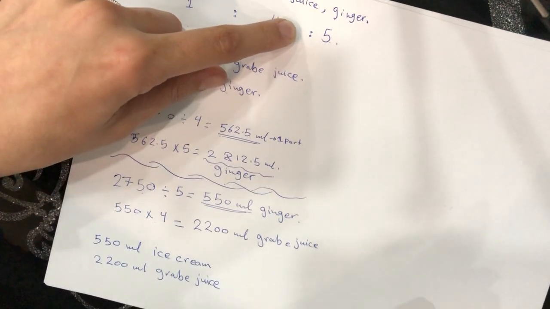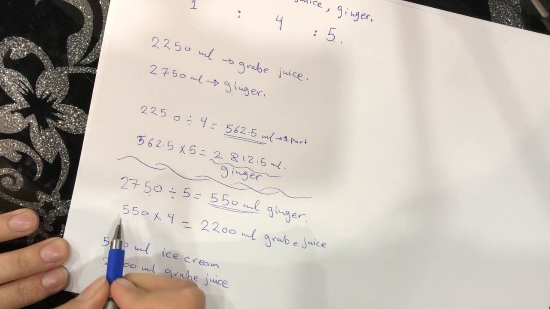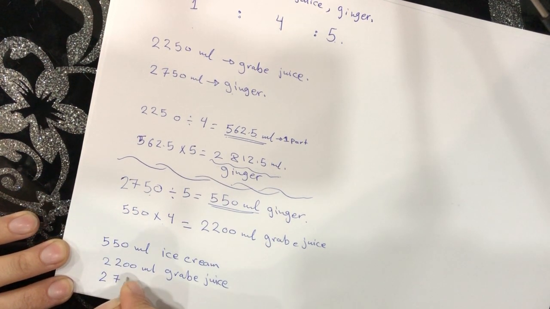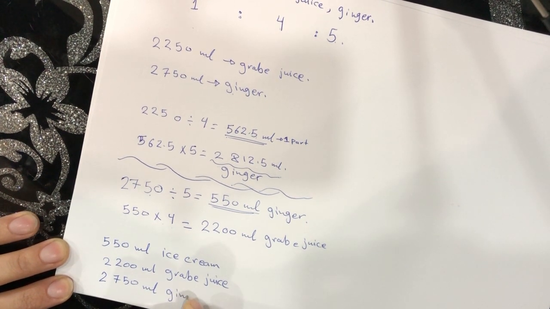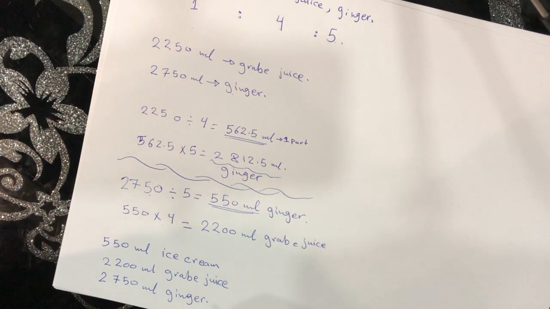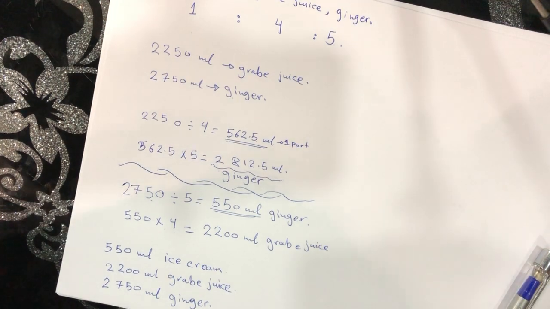And ginger, 5 parts times 550 will be 2,750 milliliters of ginger. She used the whole amount of ginger that she had, and she left 50 milliliters of grape juice that she didn't use, and she used only 550 milliliters of ice cream. Those are the ingredients that she used to make her iced punch.